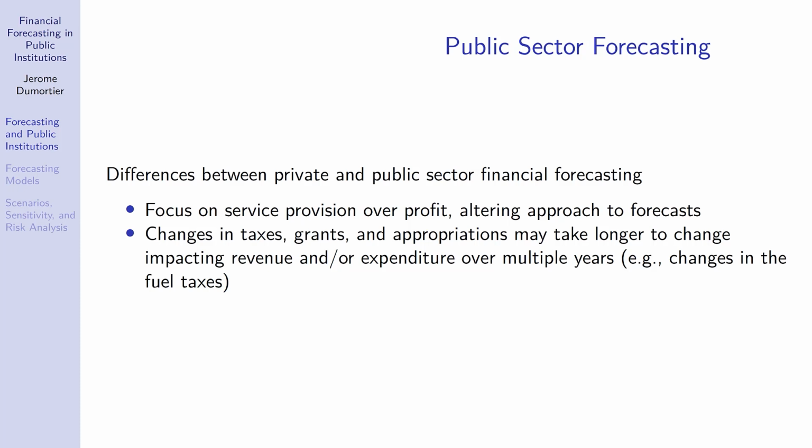Think about taxes, grants, or appropriations, which may take longer to change, and they may have a longer impact in the future in terms of revenue and expenditures. Whereas firms in the private sector can adjust more quickly, for example, by changing the price in order to cover revenue shortfalls or meet their budgetary expectations.